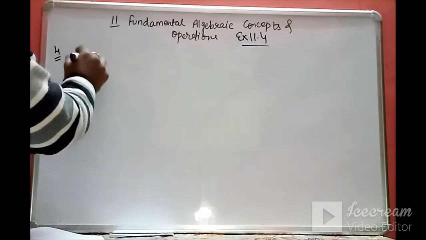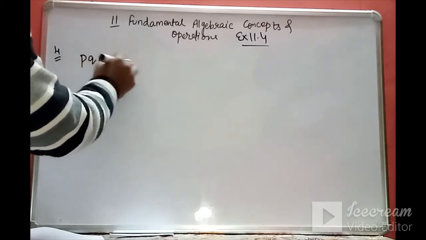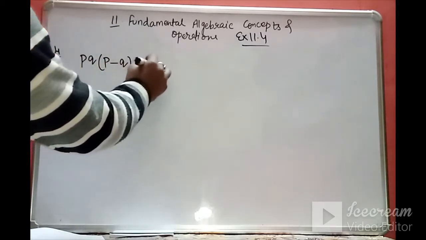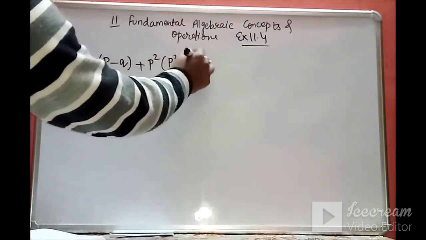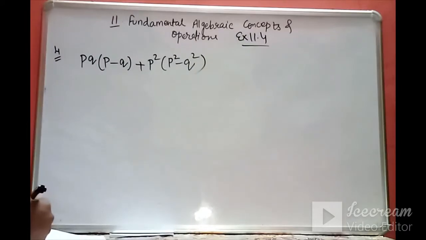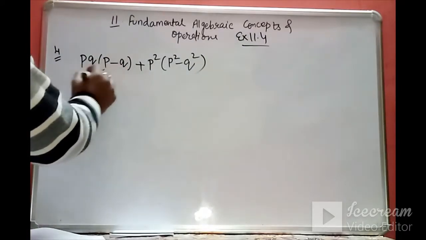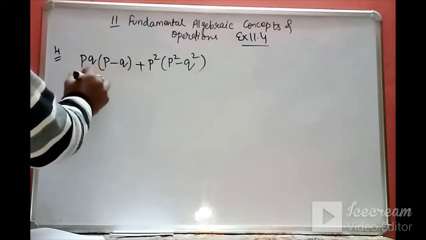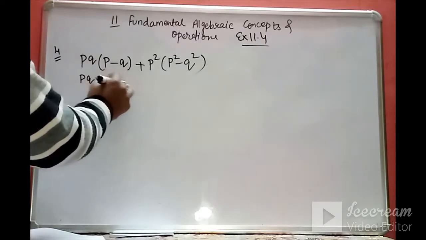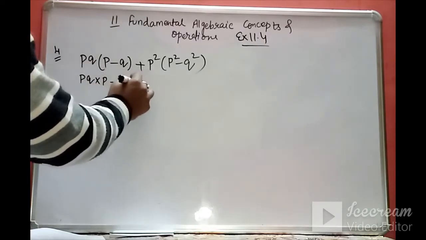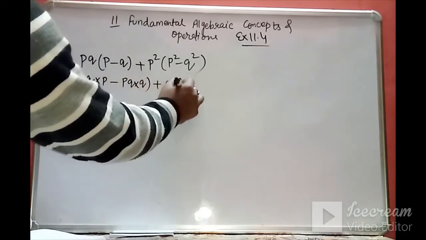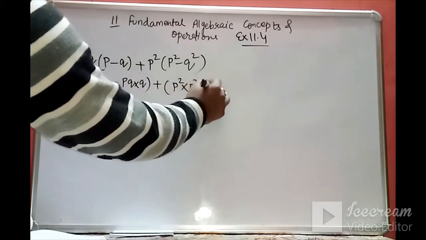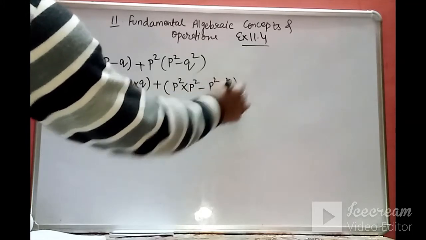Then we have to simplify PQ into P minus Q plus P square into P square minus Q square. So you can write the result like PQ into P minus PQ into Q, plus P square into P square minus P square into Q square.